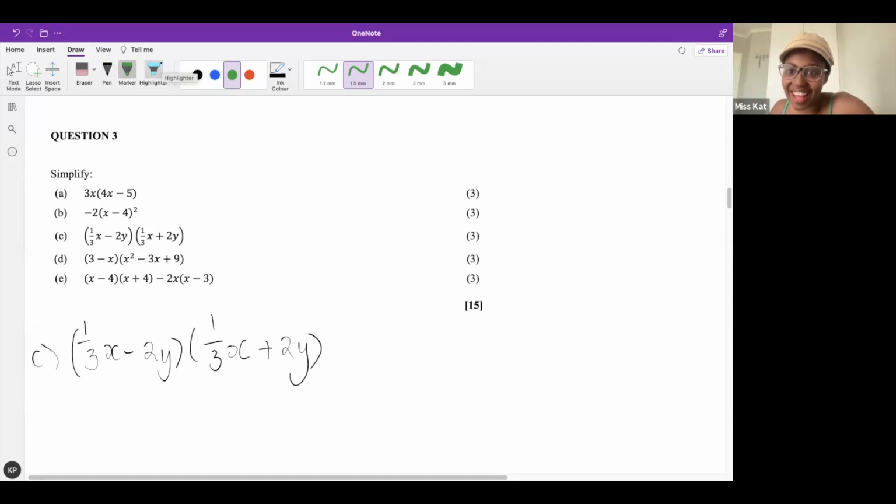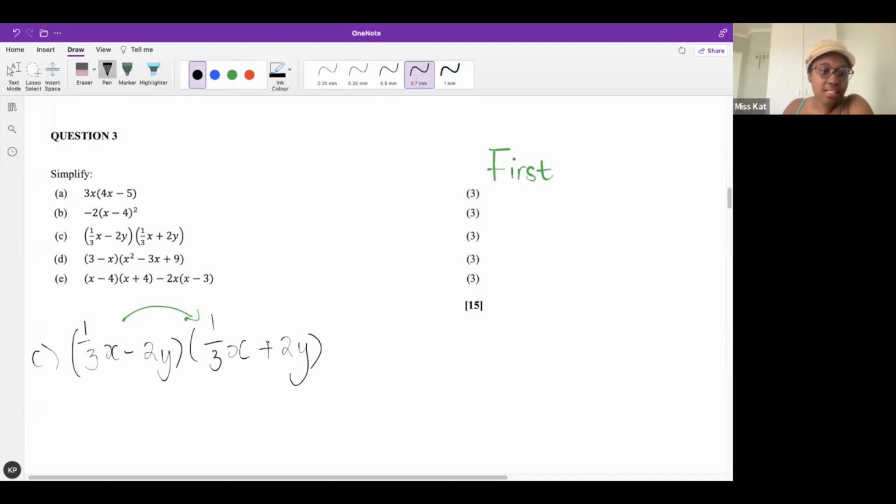I promise it's not aluminium foil. Abu, stop being silly. F stands for first. So we multiply the first terms in both brackets. First: a third x times a third x. Let's start with multiplying fractions. What's a third times a third, guys?